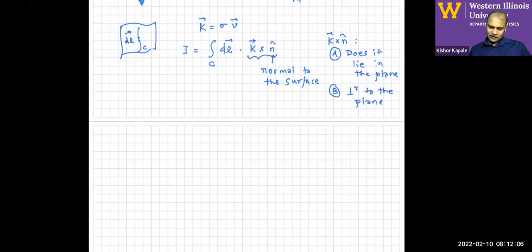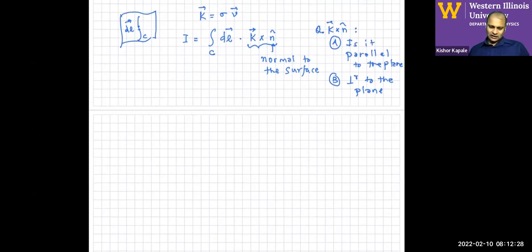I should probably just say, is it parallel to the plane or is it perpendicular to the plane? Okay, so think about it. The question is about K cross n, and the question I'm asking is, is it perpendicular to the surface or is it parallel to the surface? So send me a private message in the chat, A or B.